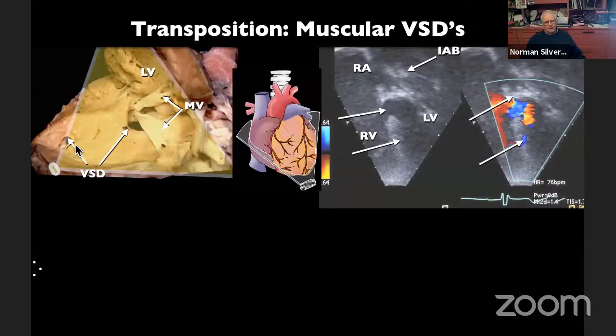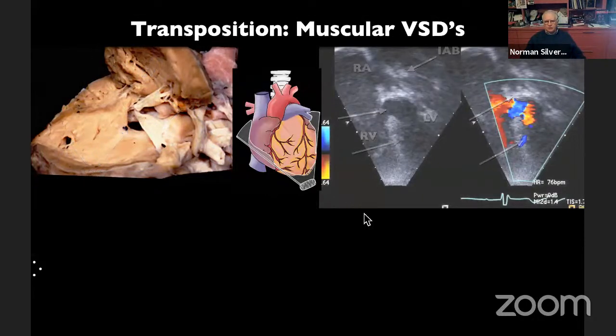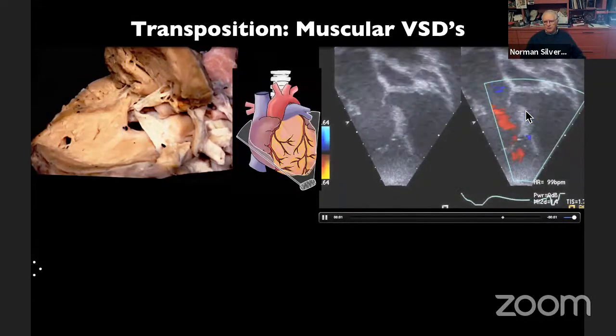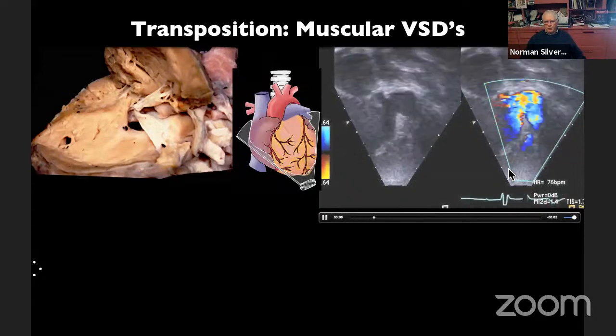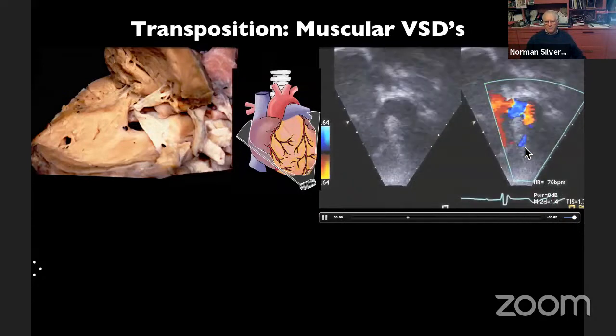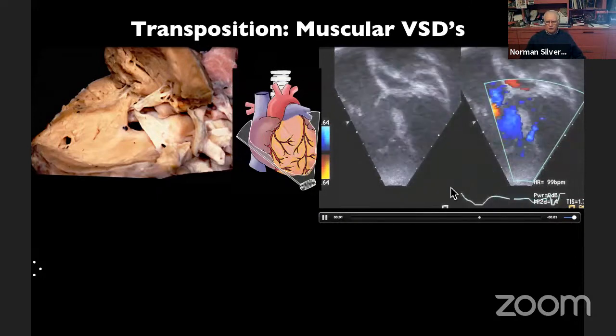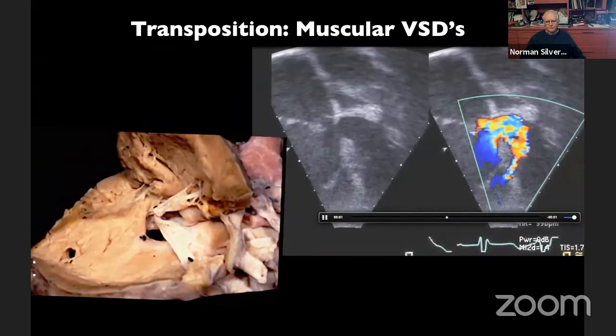Now here's an isolated small VSD, not related to this large VSD here, and associated with a cleft in the mitral valve frequently seen in transposition. But what I'm trying to highlight over here is the position of multiple muscular ventricular septal defects. And here's a large one, and here's a small one over here. This maybe need not be surgically attacked because of the high incidence of closure of these defects.